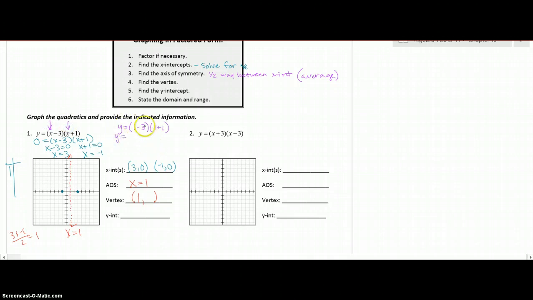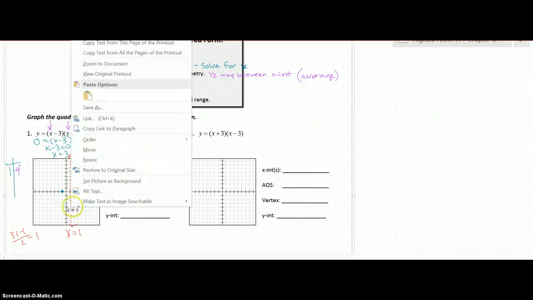So we get y equals 1 minus 3 is negative 2, and 1 plus 1 is positive 2. So it's order of operations. We're going to do our parentheses first, and then we're going to multiply, and we see that we get y equals negative 4. So again, it's just like filling in an xy chart. Our vertex is at 1, negative 4. It should be on your axis of symmetry. If it's not, you've done something wrong.